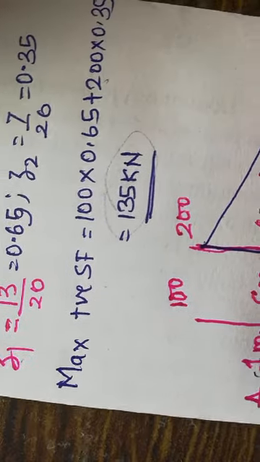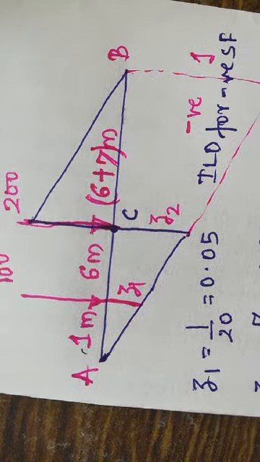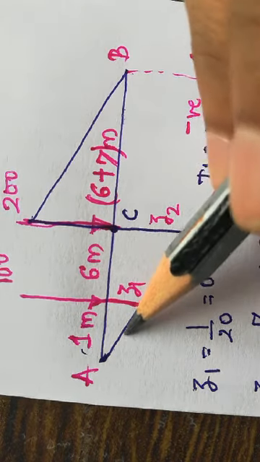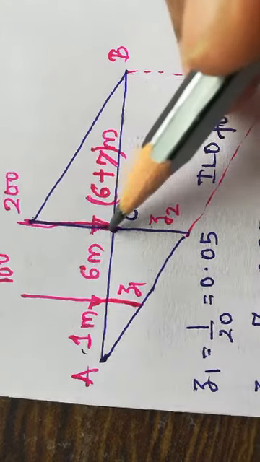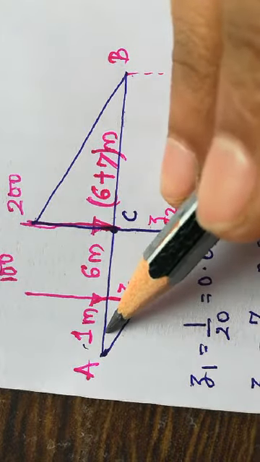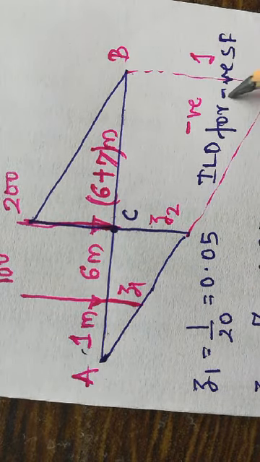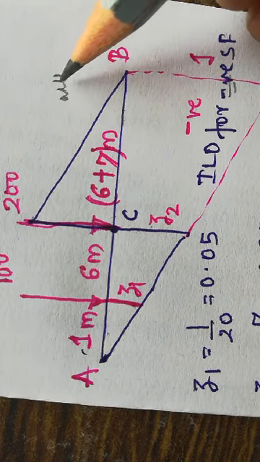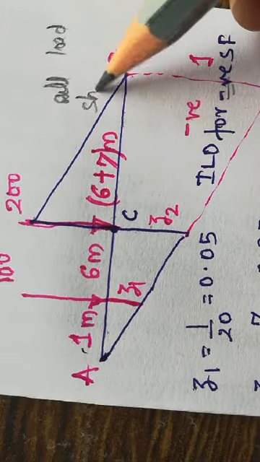Next, moving on to maximum negative shear force. For maximum negative shear force, the complete load should be in the AC section. No load should be in the CB section.